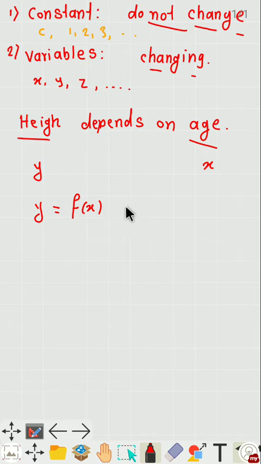This is the notation for a function. As x changes, y changes; as age goes on changing, height also goes on changing. Here age, meaning x, is called the independent variable.